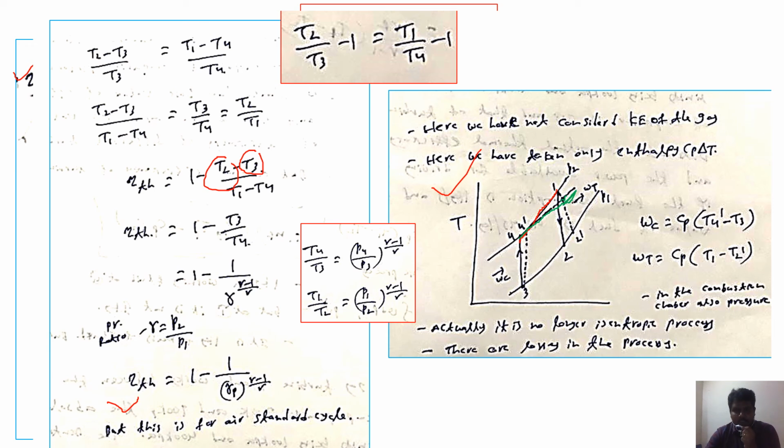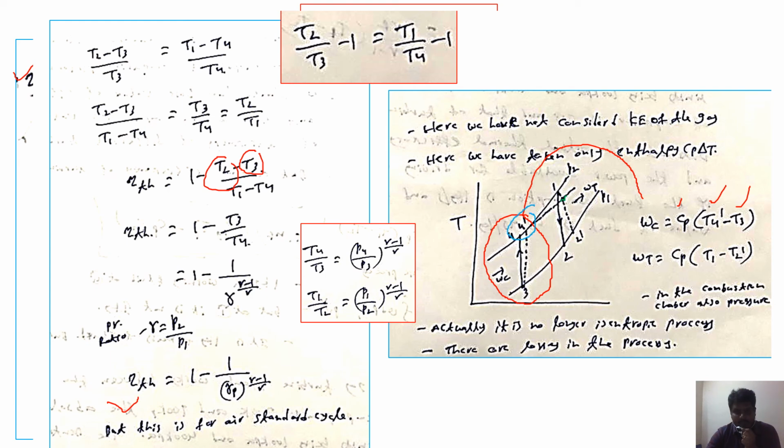Okay, so these are the losses. If we consider losses in the process 3 to 4 dash, work done by the compressor we can write as Cp into T4 dash minus T3. Here 4 dash is the new point.